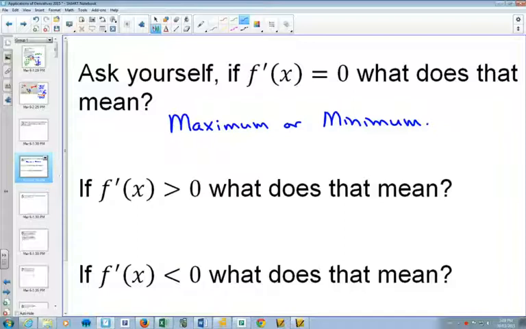This part here: if f prime of x is greater than 0, in other words, this is saying when the derivative, which is the slope, is positive, what does that mean about our original function? And we saw this before. That means that our original function was increasing.